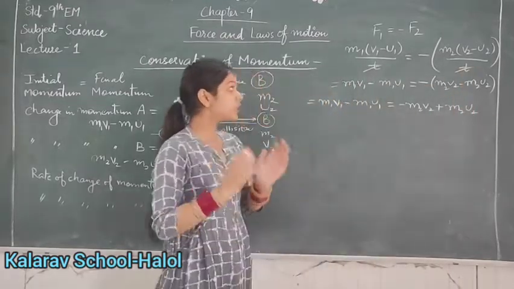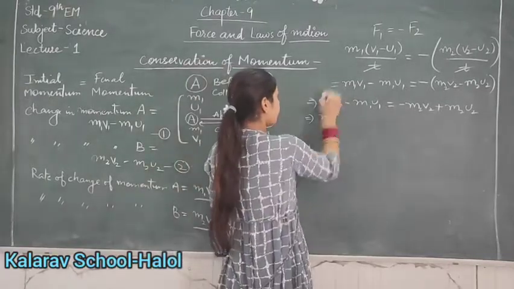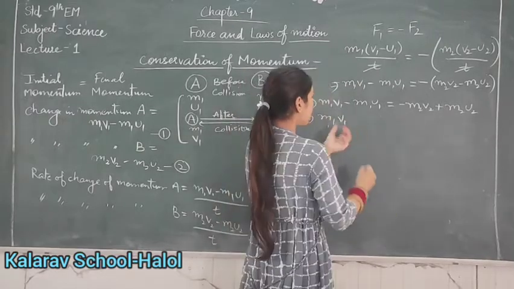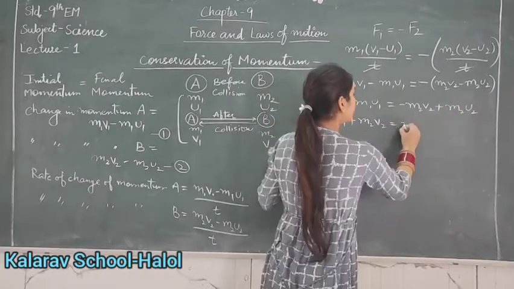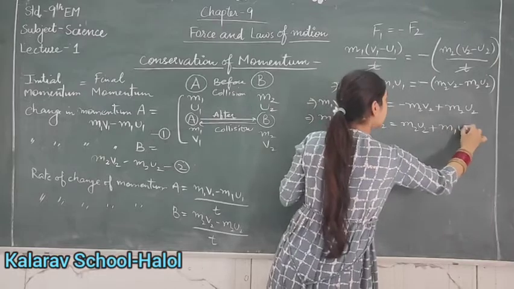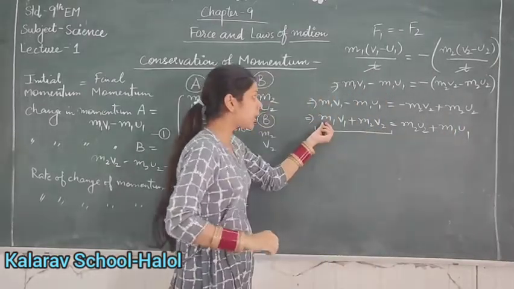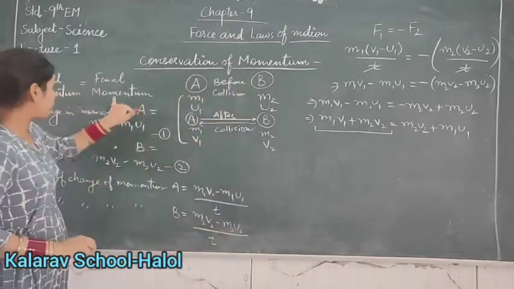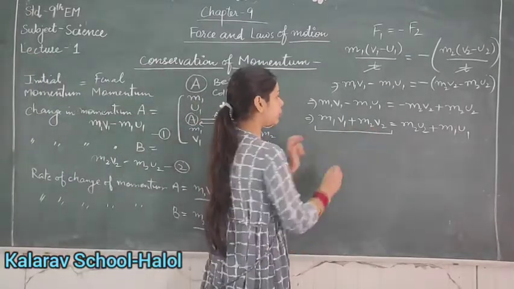Now combine the v1 and u1 terms. That is m1 v1 and m2 v2 on one side, and m2 u2 and m1 u1 on the other. So m1 v1 is the final momentum of A, and m2 v2 is the final momentum of B.